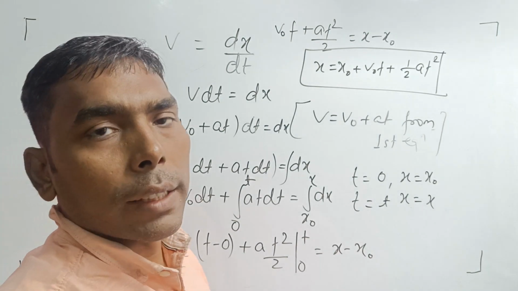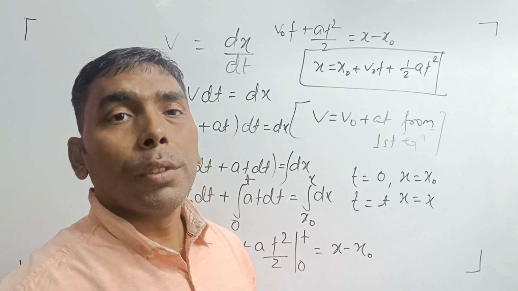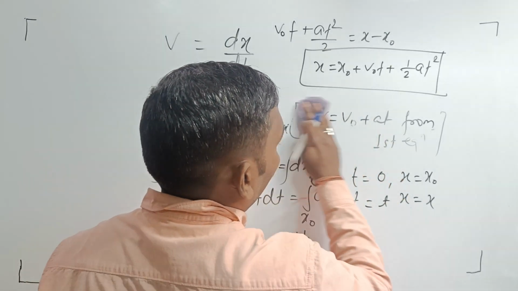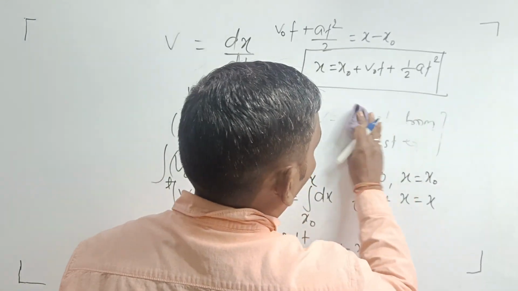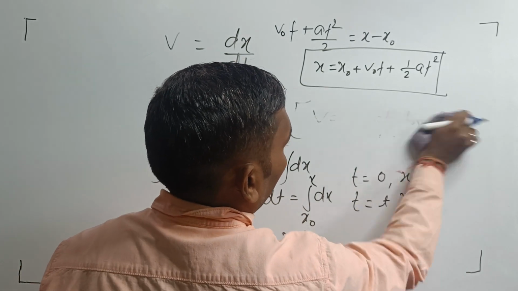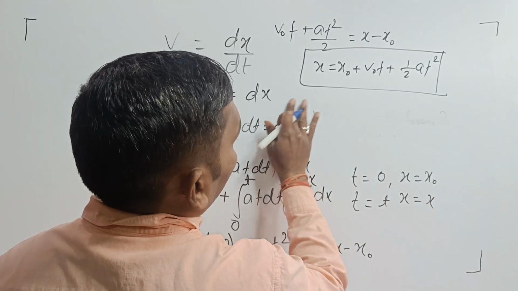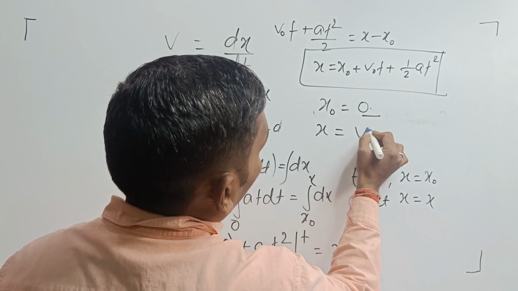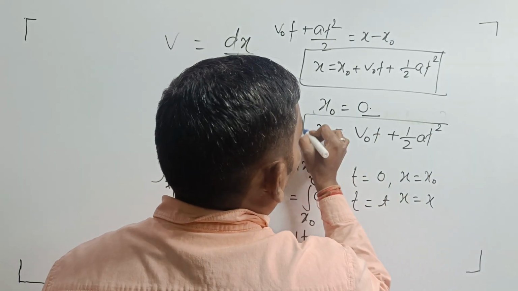If our position x naught is at origin, if x naught अगर हमारा 0 हो जाता है, then equation becomes x equal to v naught t plus half a t square.